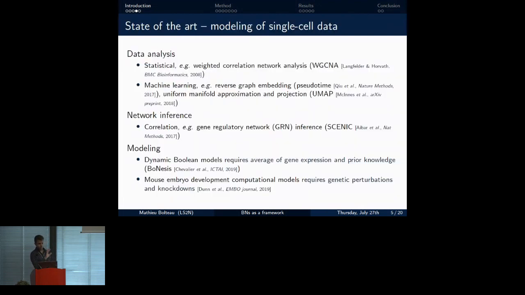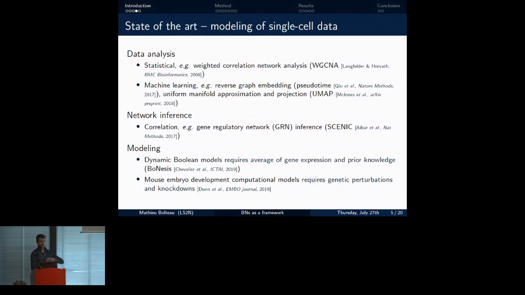But some words about the state of the art concerning the modeling of single-cell data. We identify three different types of methods. The first one seeks to analyze the data using, for example, statistics like WGCNA, or machine learning techniques such as the UMAP.